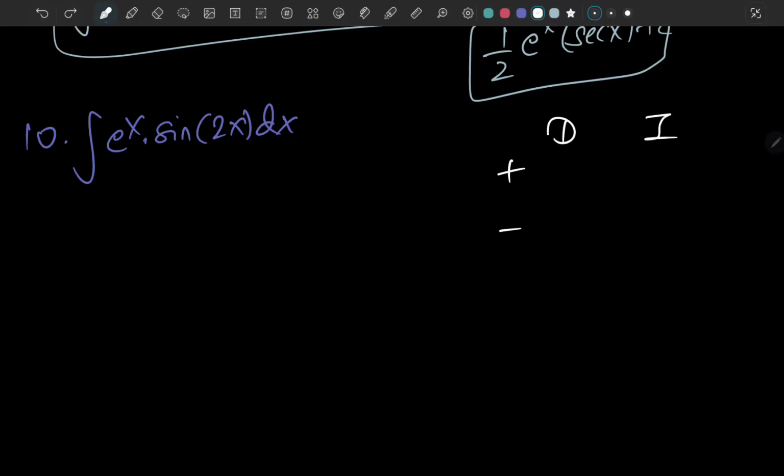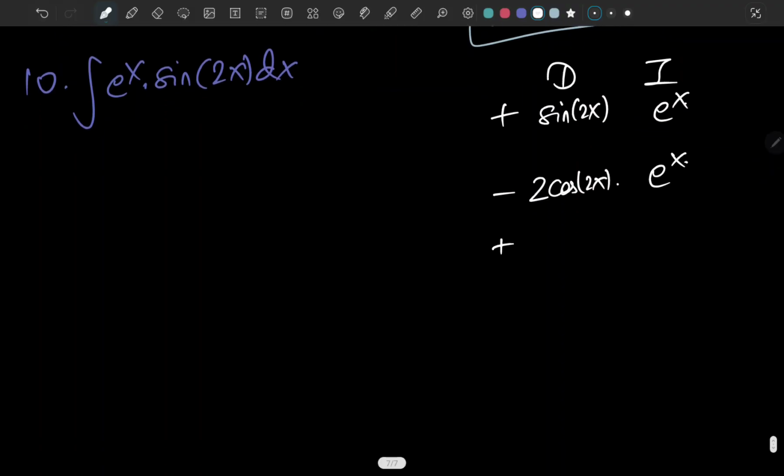Okay, so both functions are differentiable, or both functions are integrable, but which one should we take into consideration? I think I should take sine 2x for differentiation and e to the x for integration. So the derivative of sine 2x is 2 cosine of 2x. And if we again do that, the derivative of 2 cosine of 2x is minus 4 sine 2x, right? And e to the x stays as it is.